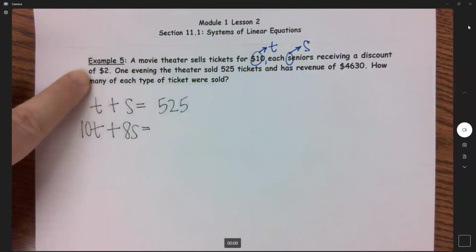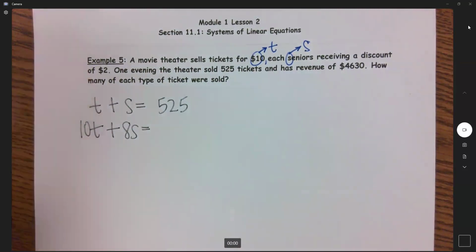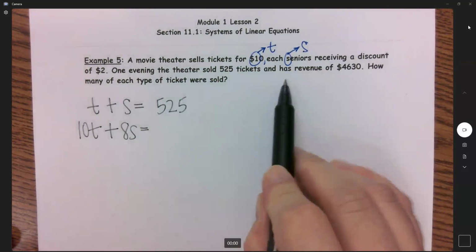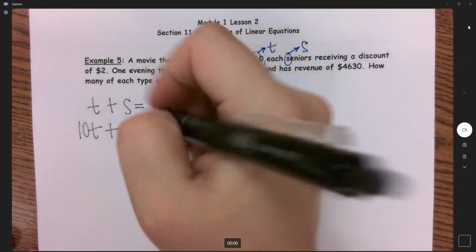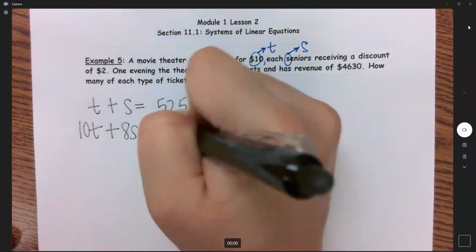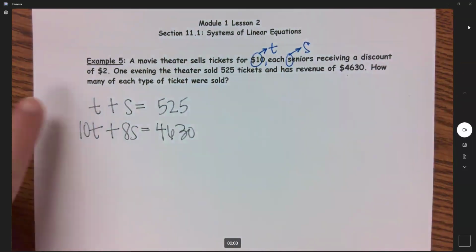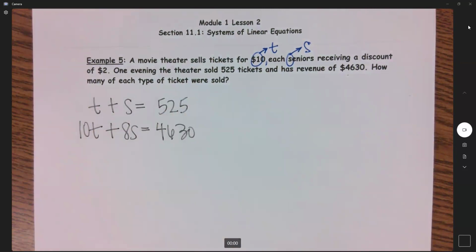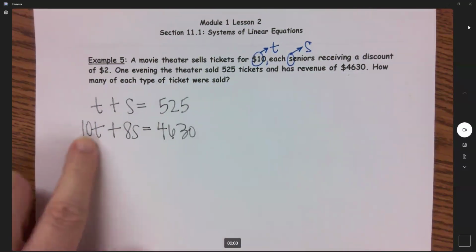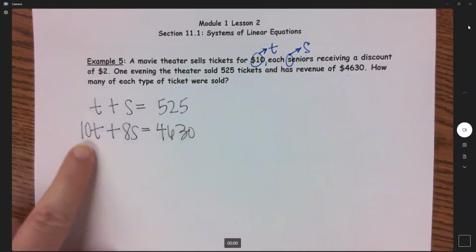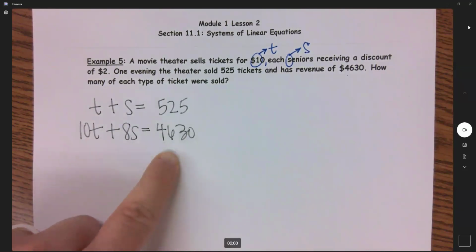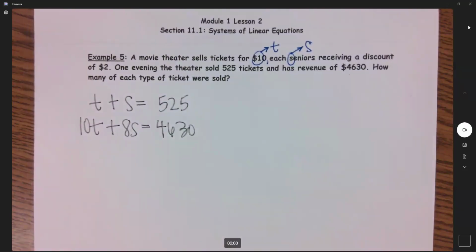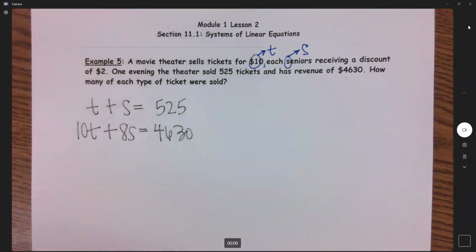They receive a discount of $2. And the total revenue is $4,630. So one equation is about the amount of tickets we sell, and the second has to do with the money. You assign the money to each variable and how much money you have made, sold, lost, whatever, in total.